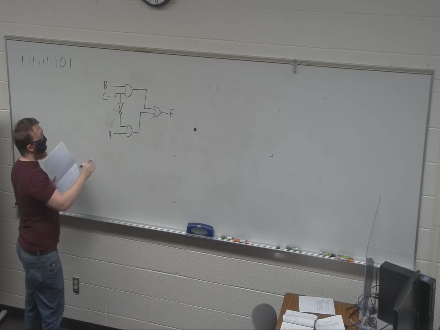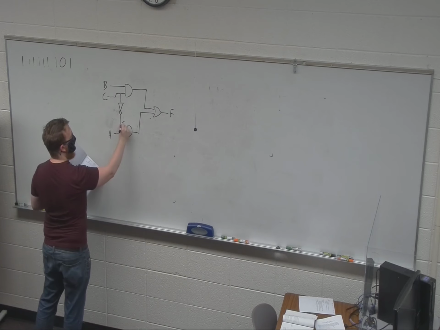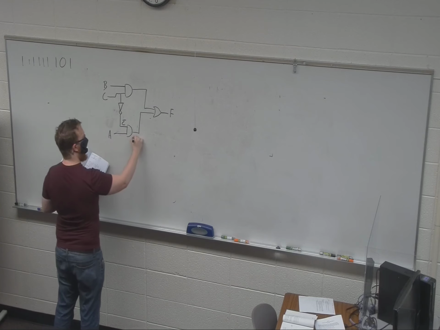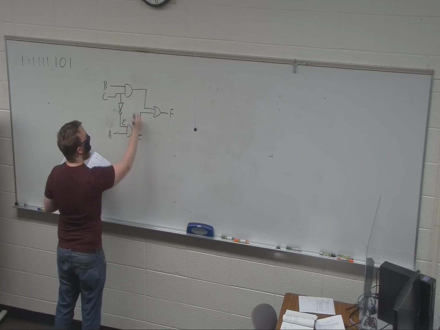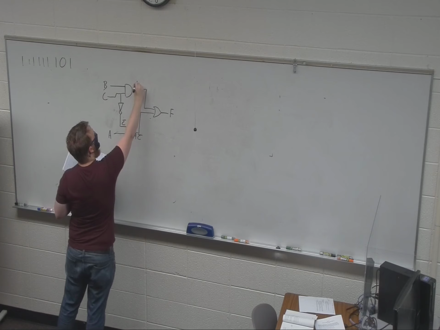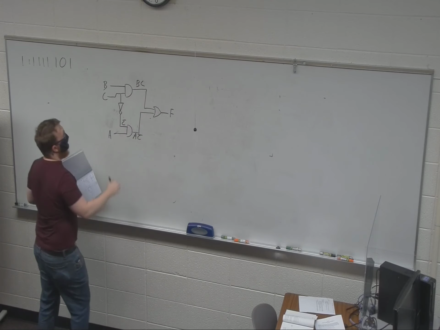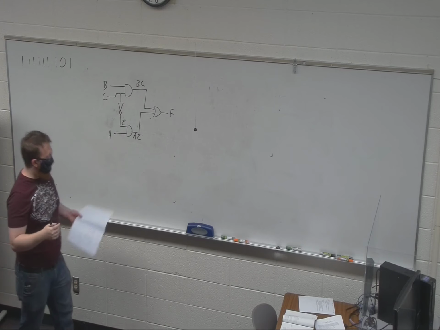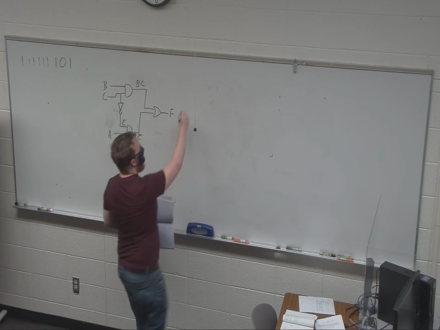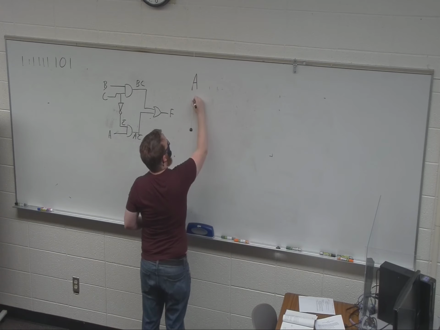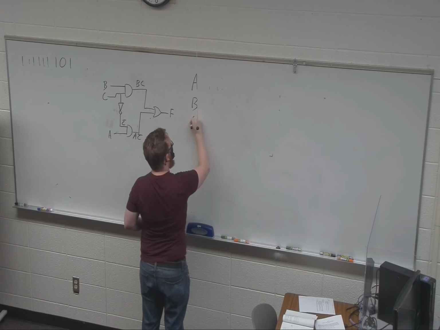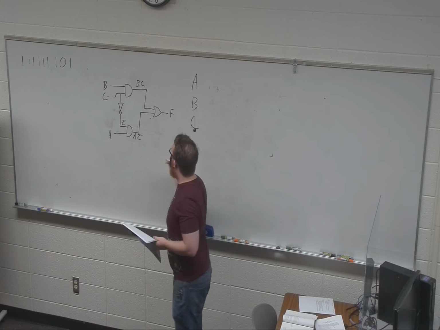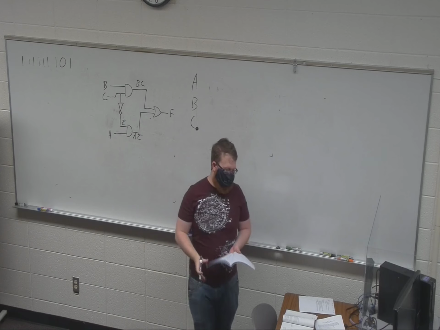Okay, so here's your system. We're going to label a couple of wires just for clarity. So I have B and C, A and C naught. So let's start with this, and this is going to bring in this idea of glitches.